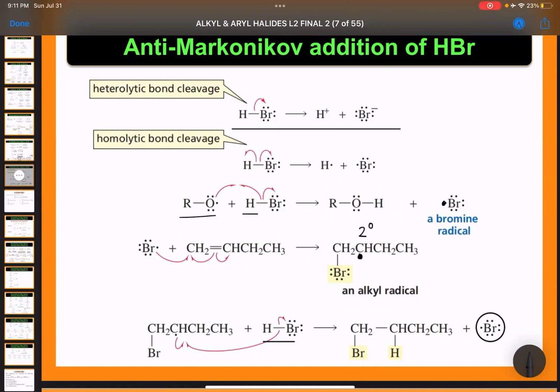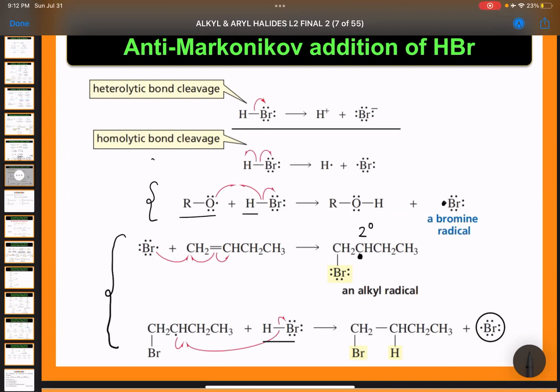So these two steps are chain propagation steps. They are like a cyclic mechanism, which is happening in a cyclic way. And this is the initiation step, in which the peroxide abstracts H from HBr, and the H radical and Br radical are obtained the first time. So why do HCl and HF not give peroxide addition?